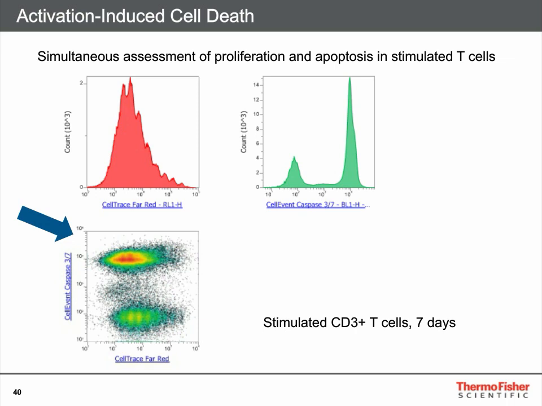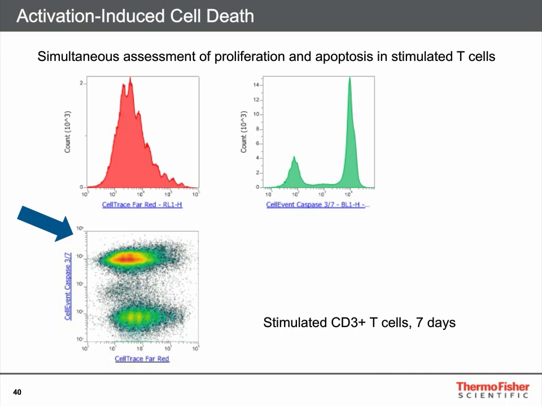Top right, we've also labeled these cells with CellEvent Caspase-3/7 Green apoptosis indicator. On this top right plot, we see a left-hand peak indicating our live cells and a bright peak on the right indicating apoptotic cells.